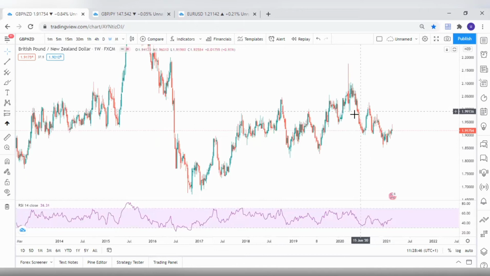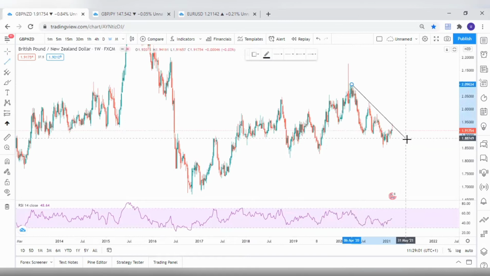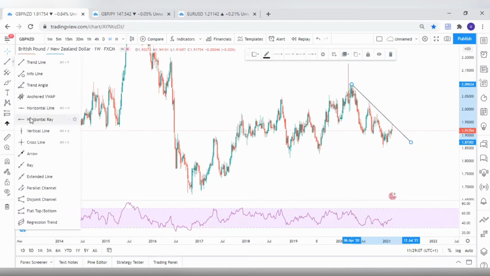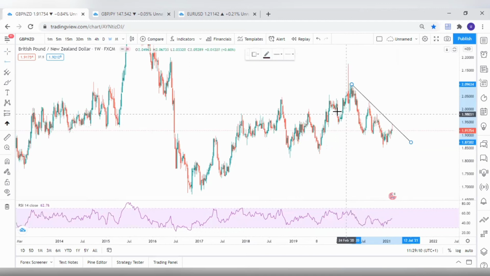So in some weeks now, since March 2020, we can see that the market has been on a downtrend. Look at it. It's a downtrend on the gbpnzd, and also we can see some support and resistance area, like here.